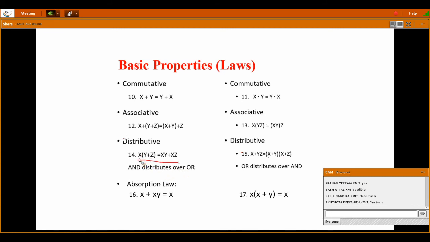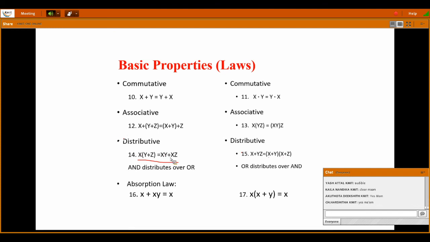Generally, we will multiply the terms which are in the bracket, x into (y plus z). When you multiply this, it will be xy plus xz. Internally we are adding the two terms.